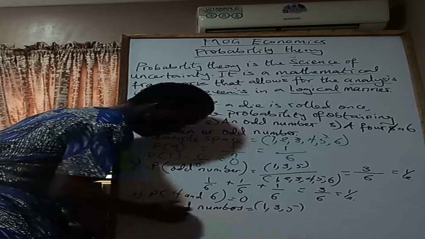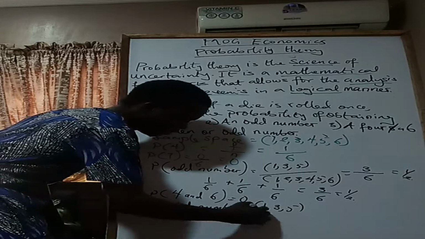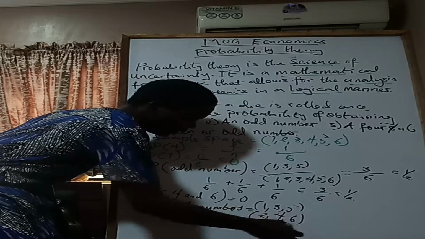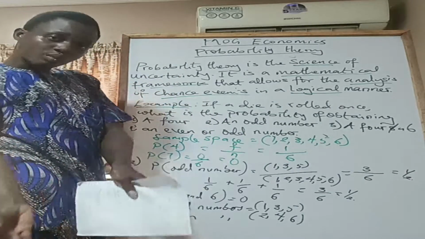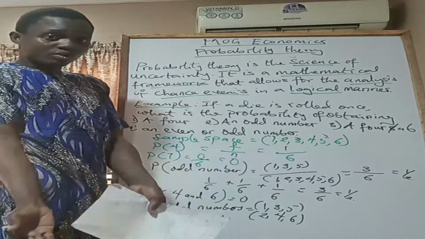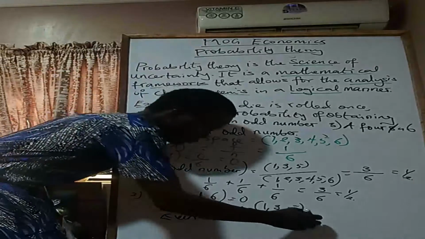Then the even numbers are 2, 4, 6. So the probability of getting an odd or an even number: you may have an odd number, you may have an even number as well. So the probability of getting either would be what?